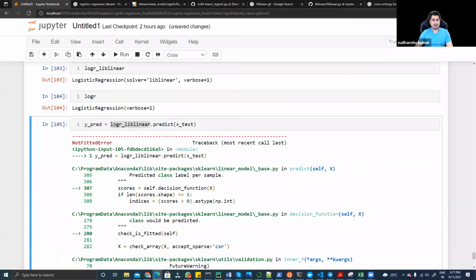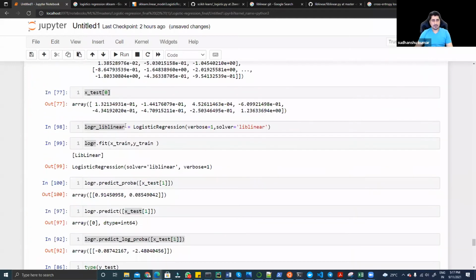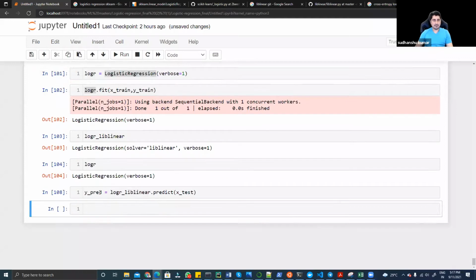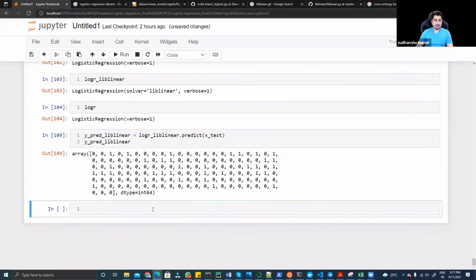So I should call a fit. So liblinear.predict. Fine, y prediction we are able to get. Let me rename this thing: y prediction from liblinear. Okay, this is the prediction.